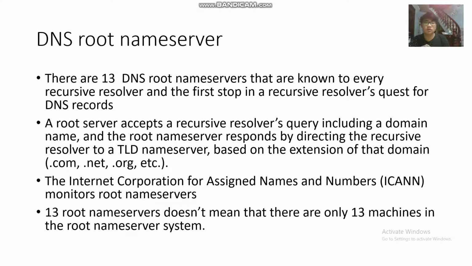A root name server accepts a recursive resolver query including a domain name, and responds by directing the resolver to a TLD name server based on the extension of that domain, for example .com and .net.